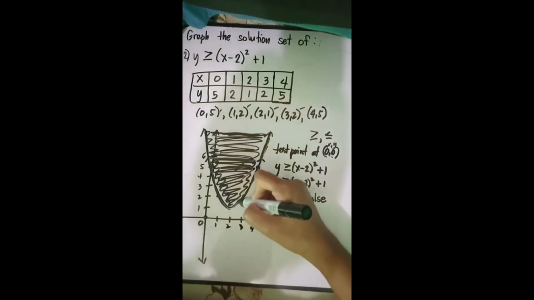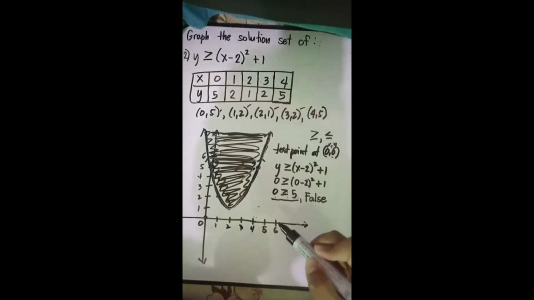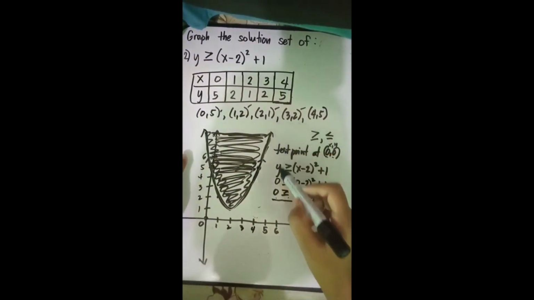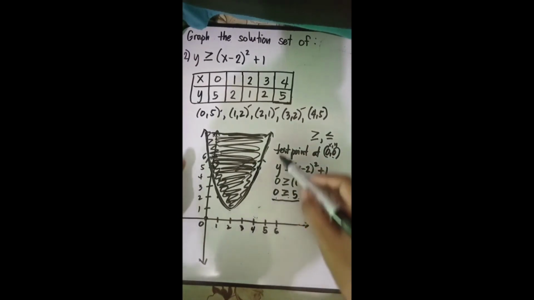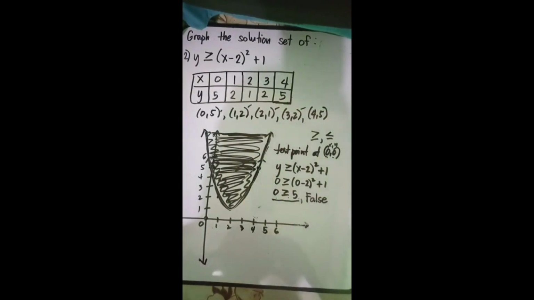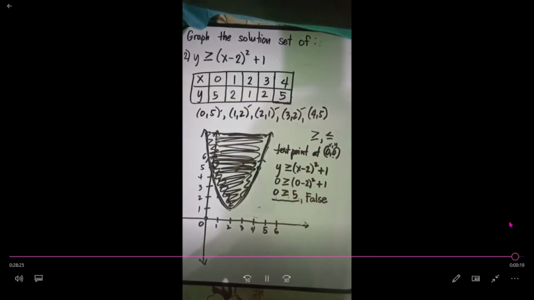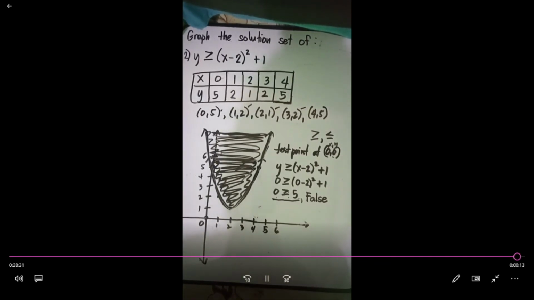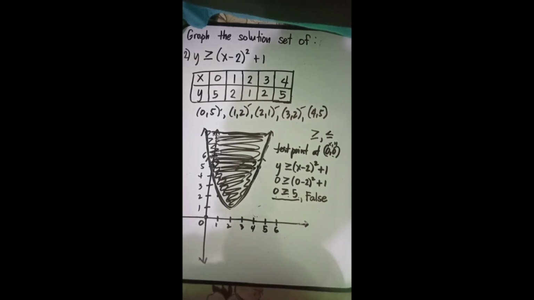So, lahat yan part ng solution set. Hindi kasama sa solution set ng quadratic inequality natin lahat ng mga points na nasa labas ng parabola, yung unshaded region sa Cartesian plane natin, hindi kasama sa solution set ng quadratic inequality natin na y is greater or equal to the square of x minus 2 plus 1. Okay?